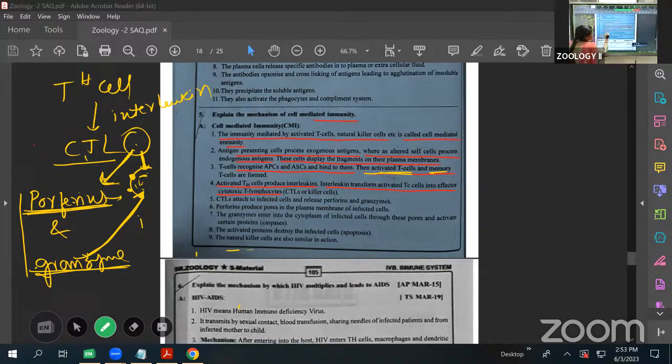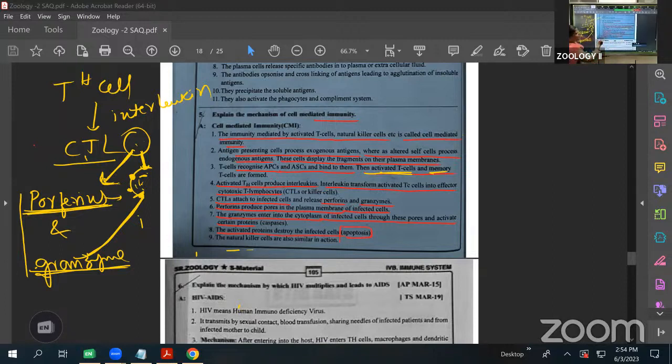They attach to the infected cells and release two substances: perforin and granzymes. Perforins produce pores in the plasma membrane of the infected cells. The granzymes enter the cytoplasm of the infected cell through the pores, and the activation of the proteins destroys the infected cells. That process is called apoptosis.